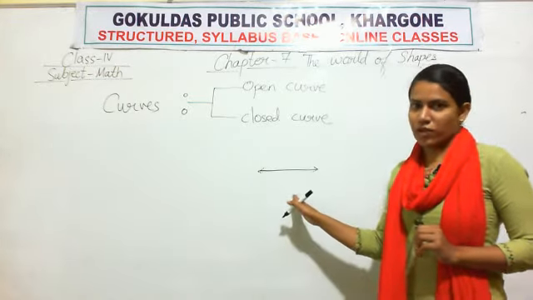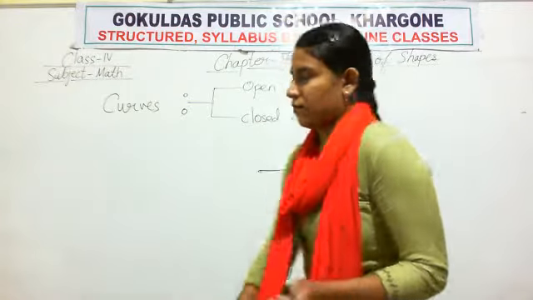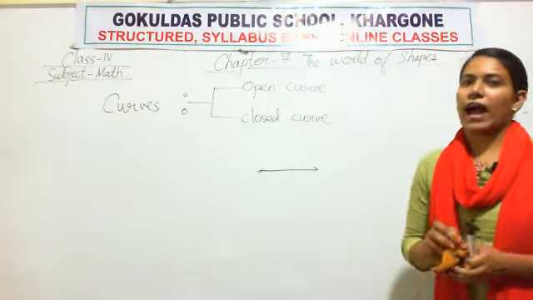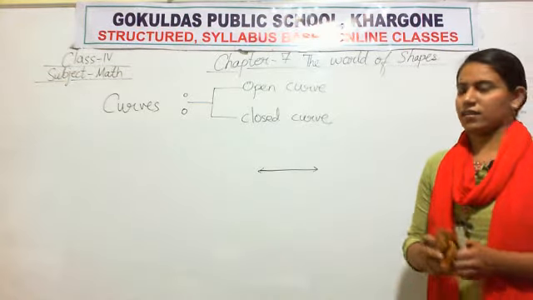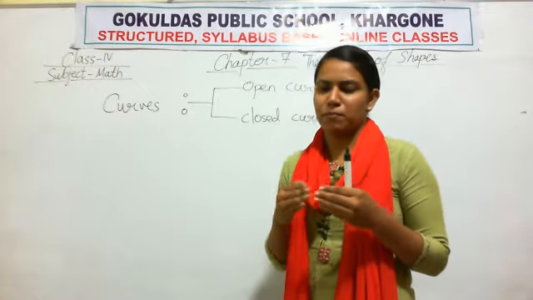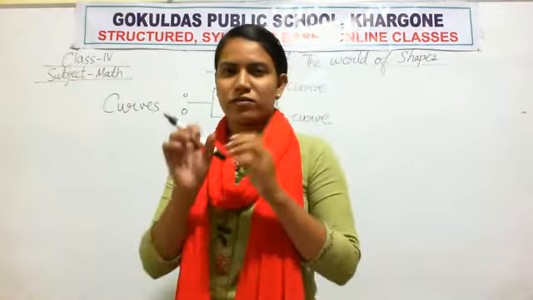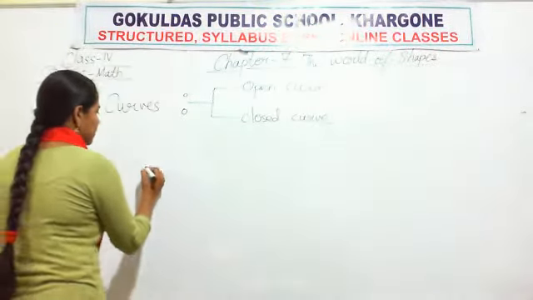We call it a line. But curve is not a straight line. It is a line which is slightly bent or somewhat bent. Somewhat bent is known as curve.